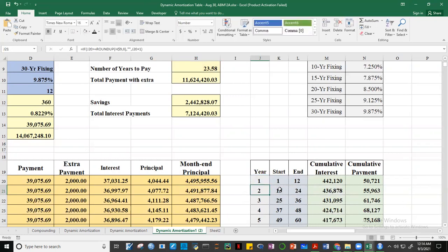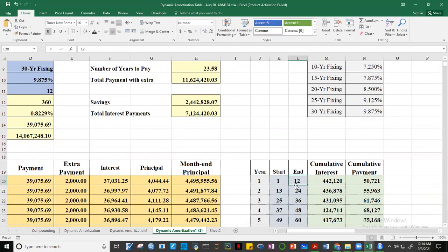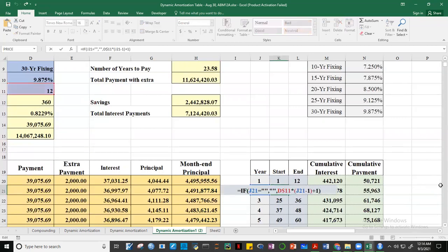Okay, then the start. There are several ways to do this. This is one way, my formula here. Another way is to just add 1 to this 12 to get our start. What I did here was just another way.